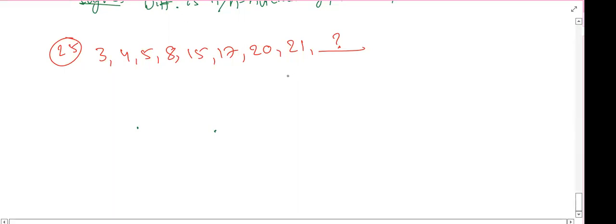Can I give a hint? Sir, tell the logic. First I thought of this, and it's coming the same. The first three are plus 1, and then plus 3, and then plus 7, and then plus 2, and then it's like ascending on one side and descending on the same side.